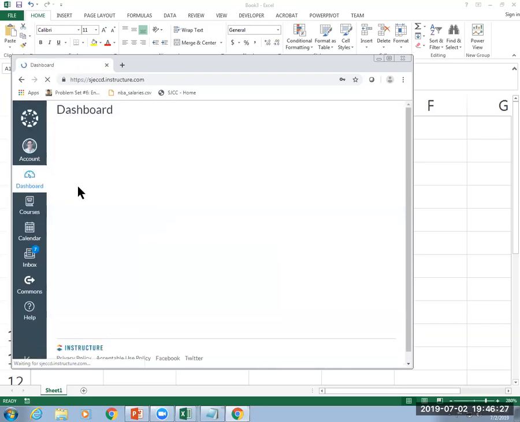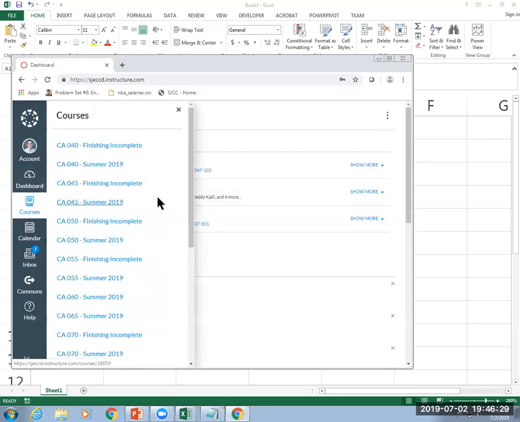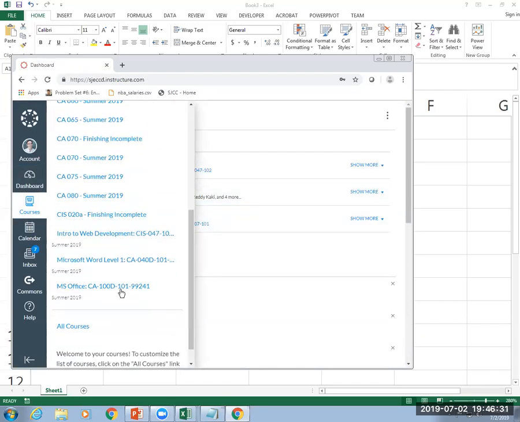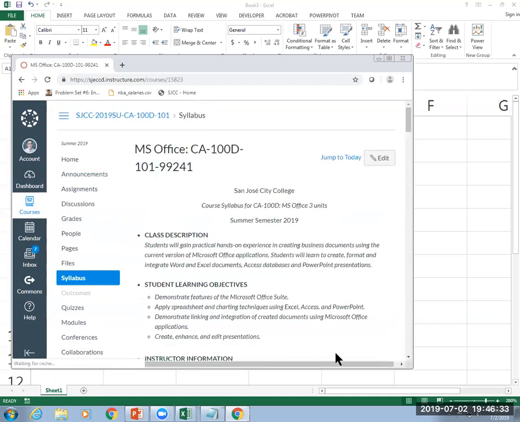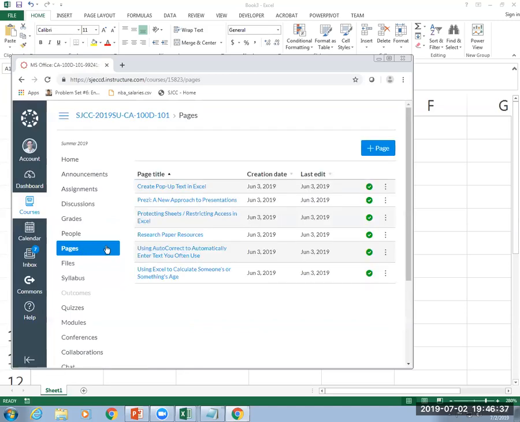So if I go into courses and I go down to CA 100 and I go into pages, all of this is in the unit that I call using Excel to calculate someone's or something's date. So everything I'm going to tell you is all in here.